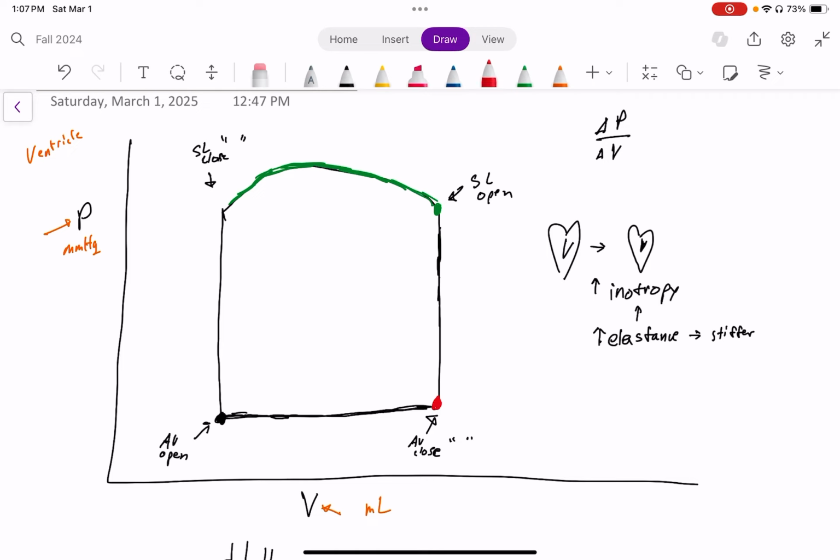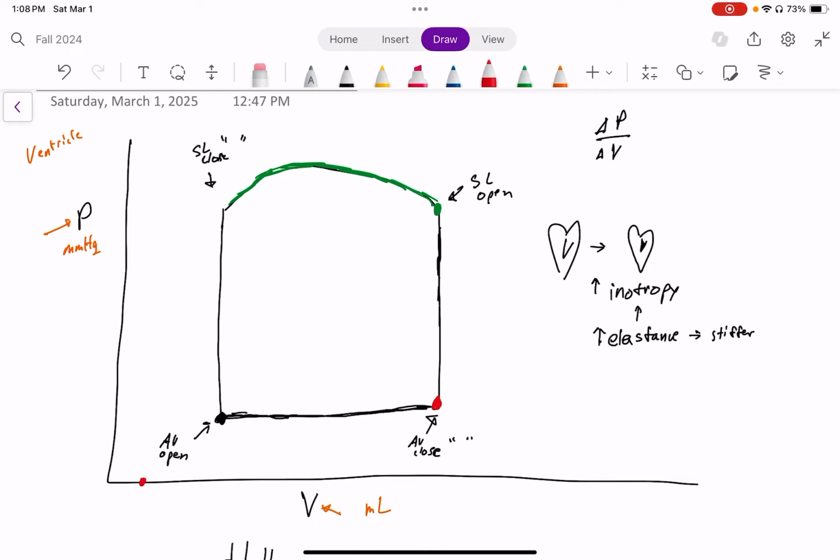Now, on the graph, the way that we can see inotropy is if we made a tangent line right here. So if we take the immediate slope at this point and we build a line off of it, then it would look like this red line. And really what it comes to is at zero pressure in the ventricle, there would still be some amount of blood in the ventricle.